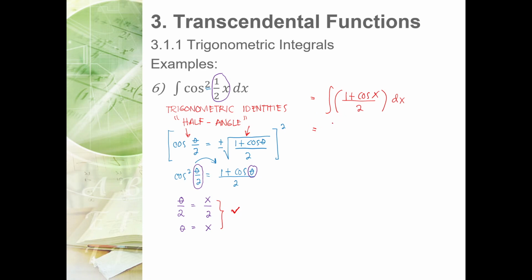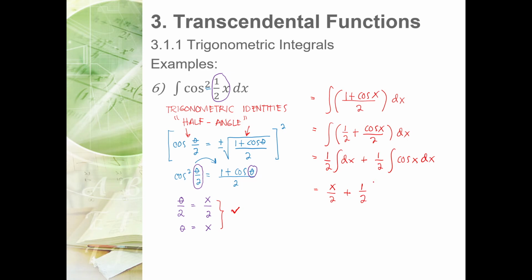Okay, so breaking it down even further, you have 1/2, so we can get two terms out of this. Cosine x all over 2 dx. So we have 1/2 integral of dx plus 1/2 integral of cosine x dx. So we have x all over 2 plus 1/2.